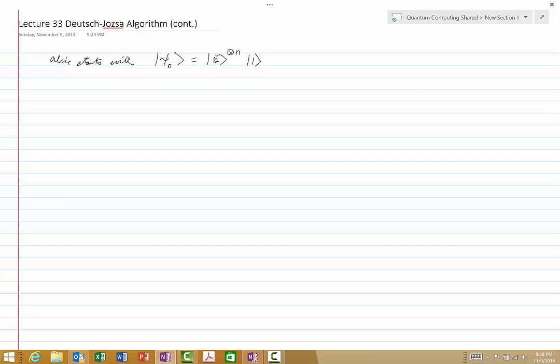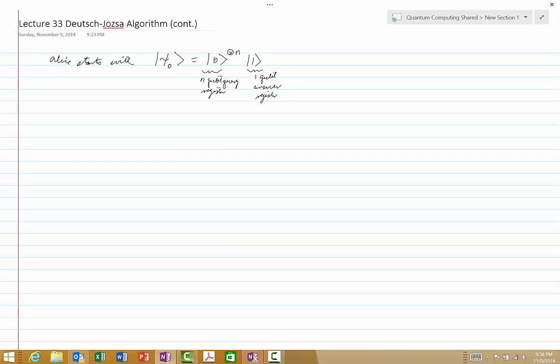The first n qubits are all zeros, and the last qubit is 1. The first n qubits are the n qubit query register, and this last 1 qubit is in what's referred to as the answer register.